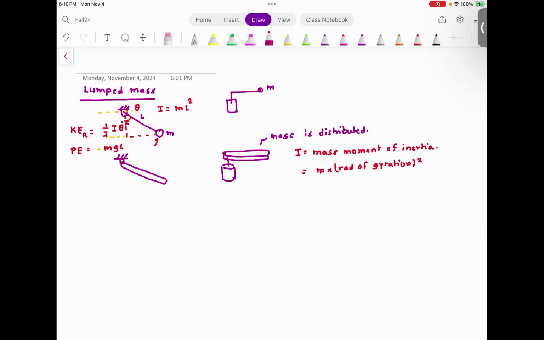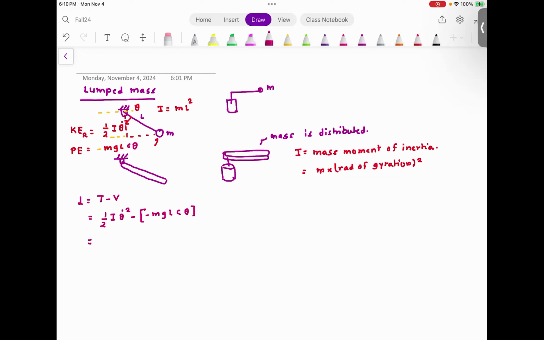If this is theta, sorry, this is theta, then this is going to be cosine theta. Sorry, this is cosine theta, mgl cosine theta. Now I want to find out the Lagrangian L, which is T minus V, where T is the kinetic energy, which is 1/2 I theta dot square, minus this potential energy, which is minus of mgl cosine theta.